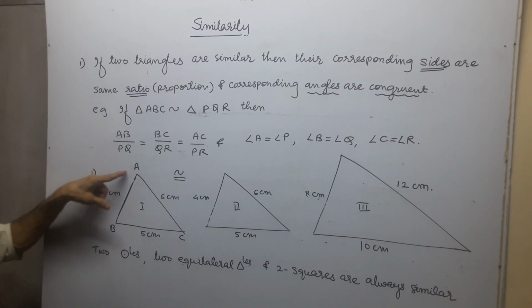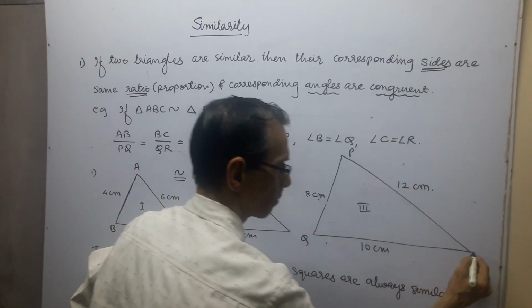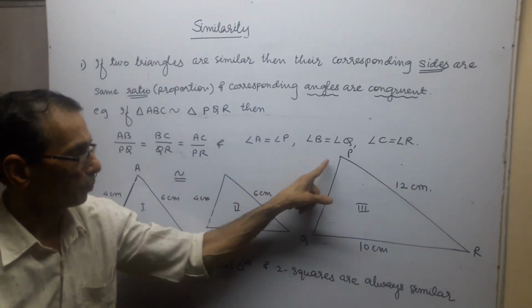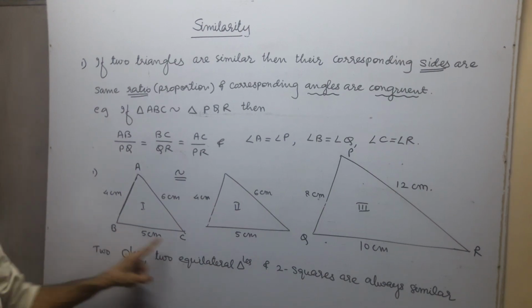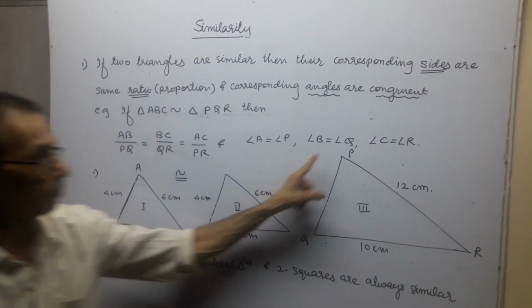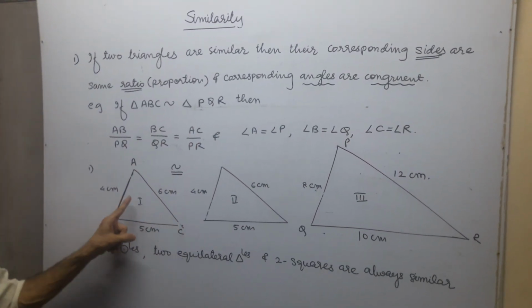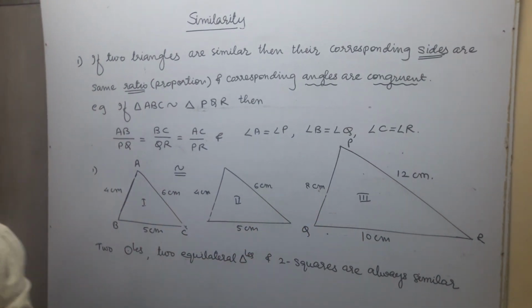Side AB is 4, and let us take triangle PQR. Side PQ is 8. So PQ is double of AB. Similarly, QR is double of BC, and PR is double of AC. So you find the ratio is the same, and therefore these two triangles are similar.